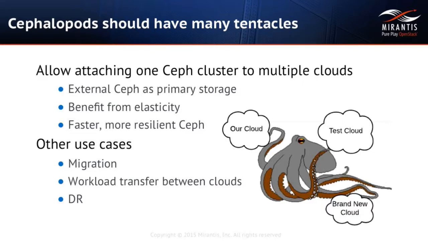But what we are shooting for is not only benefiting from elasticity and a faster, more resilient Ceph, but also easier migration. Imagine the following. You have a new cloud, and you want to migrate from one cloud to another cloud. If you move a petabyte, 2 petabytes, 5 petabytes from one cloud to another cloud, this is going to take a very long time.